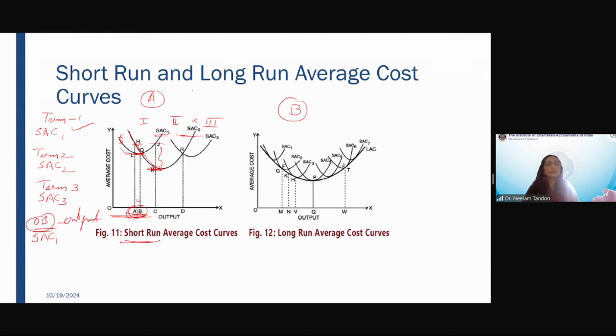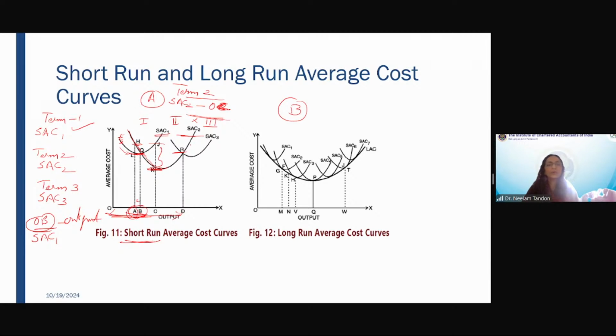So in the case of term 2, on SEC2, the ideal level of output is OC. Now, if you look at OD here, at OD level of output, the firm can operate at R, and if it operates on SAC2, then the cost is higher.